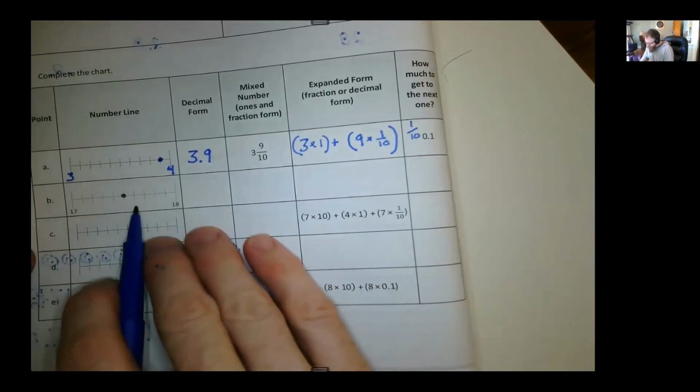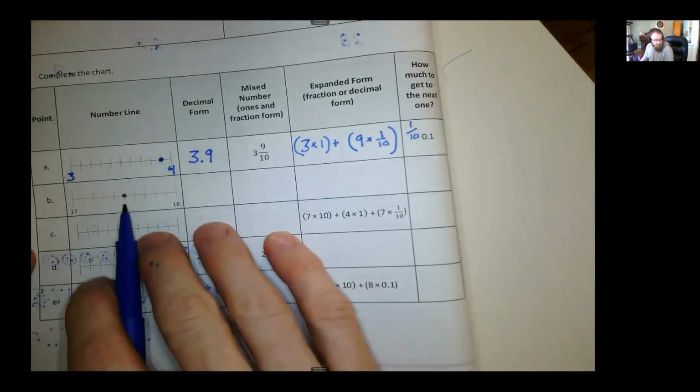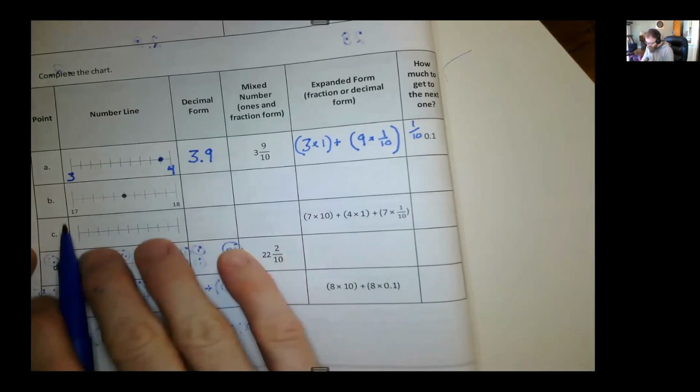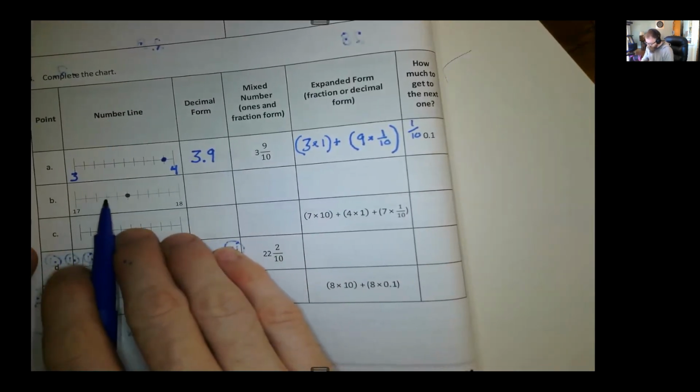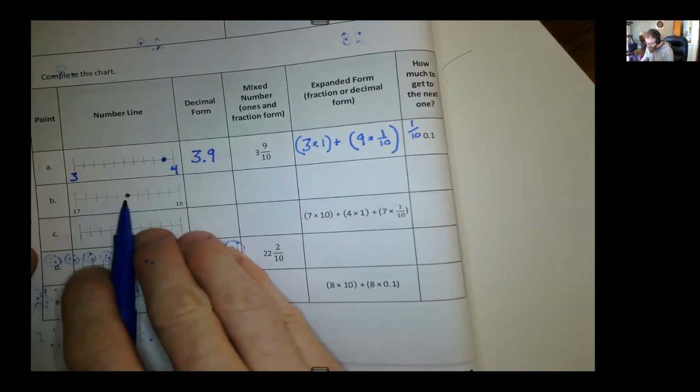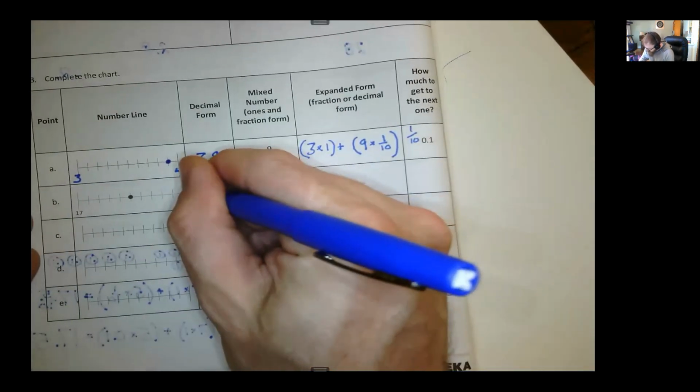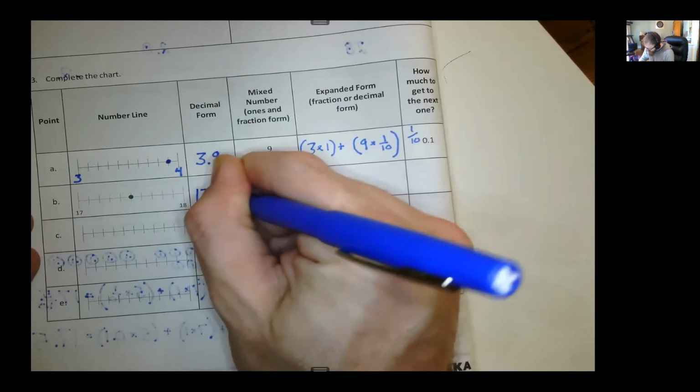Part B, the only piece of information they give you is the point on the number line. So we need to be very careful in reading our number line. 17 and 1/10, 2/10, 3/10, 4/10, 5/10. 17 and 5/10.